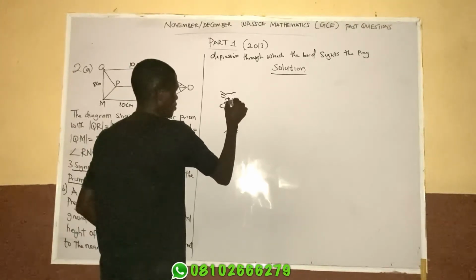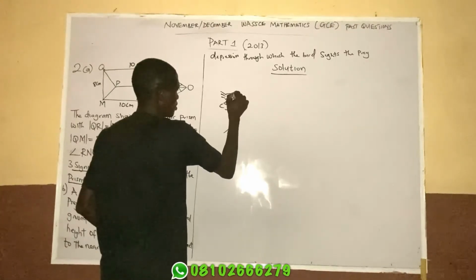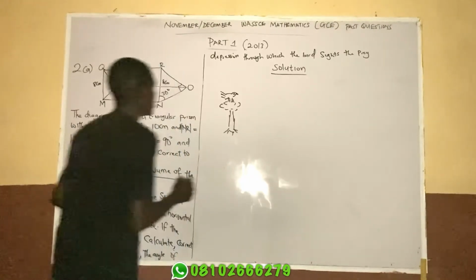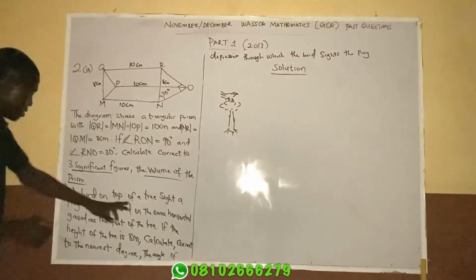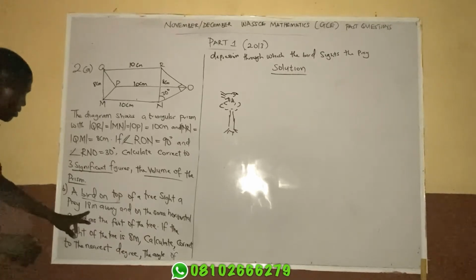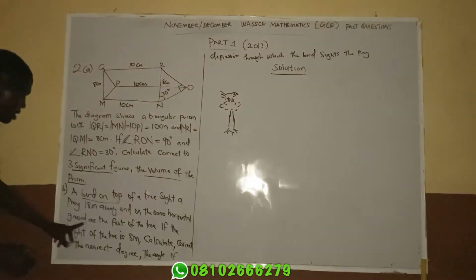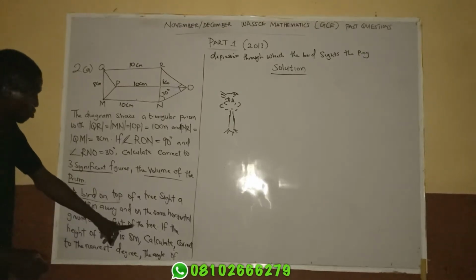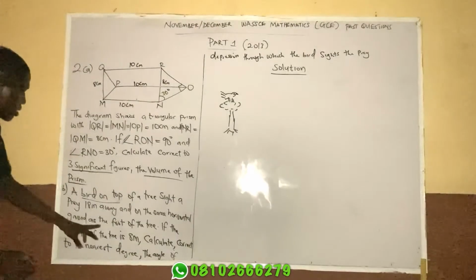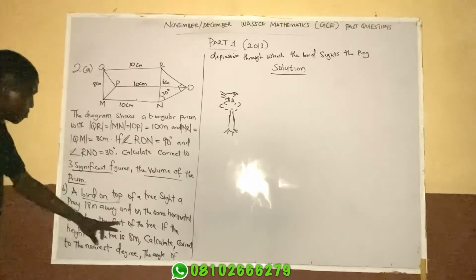The bird sights a prey on the same horizontal ground as the foot of the tree.